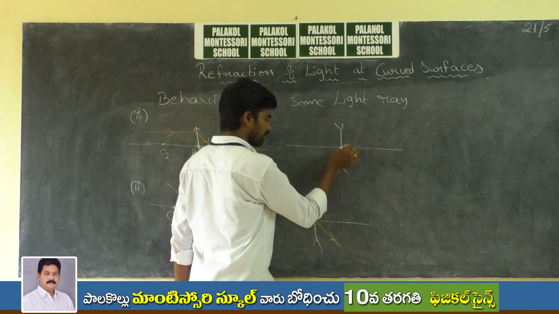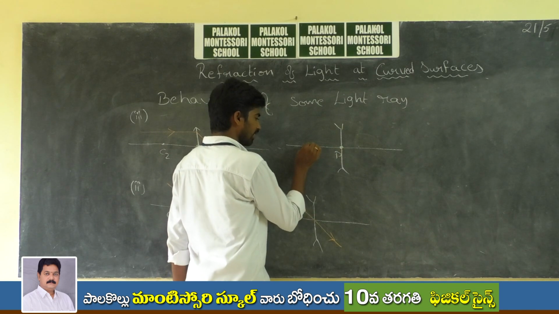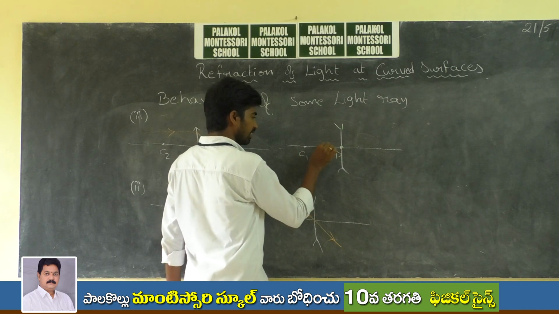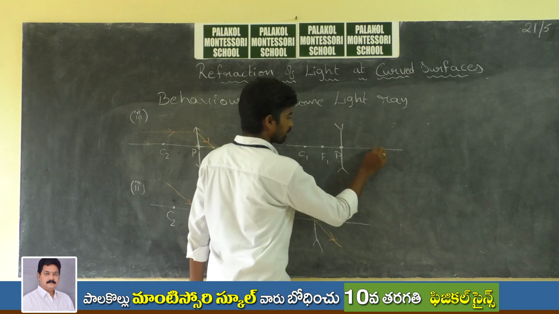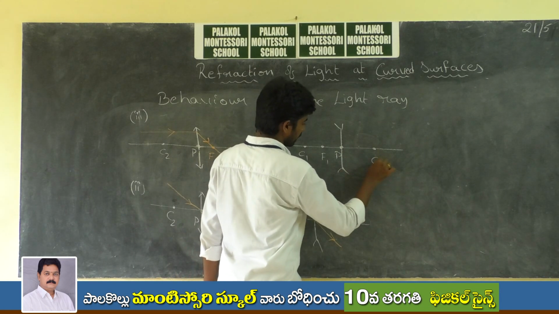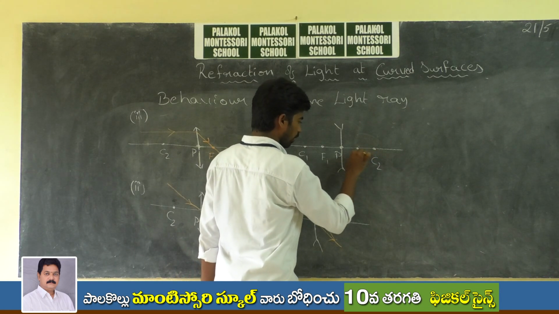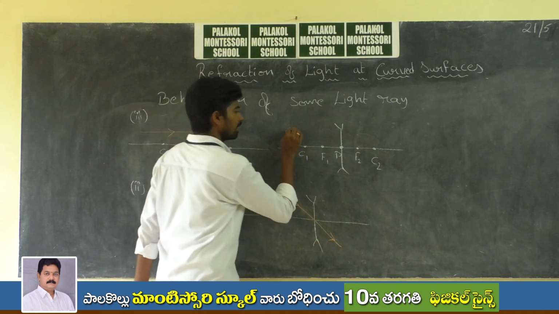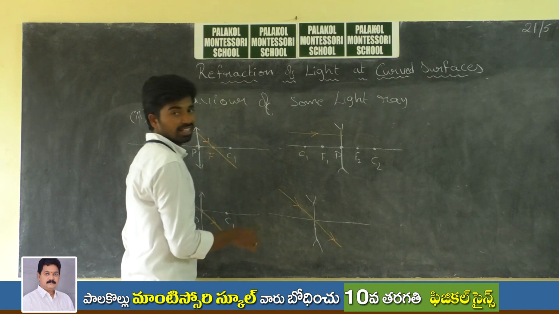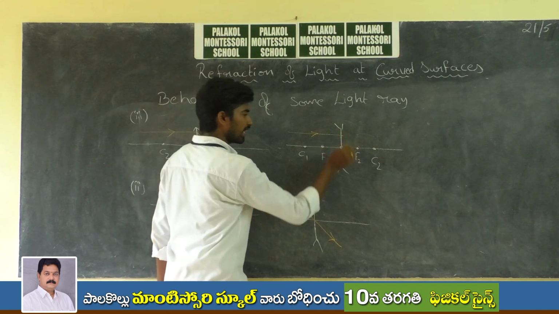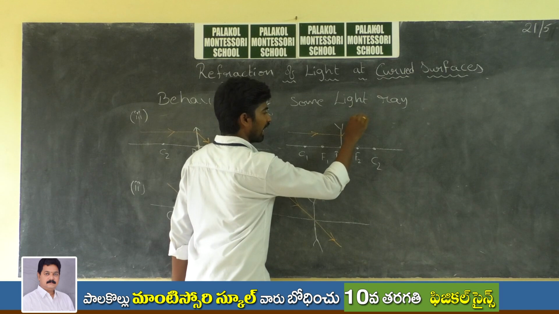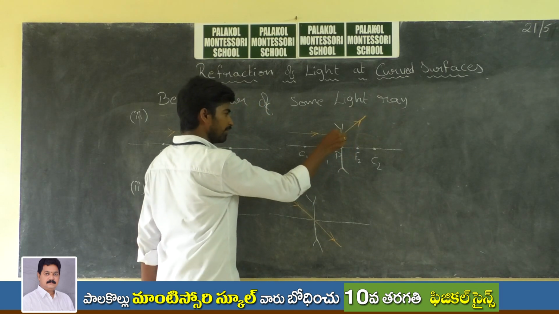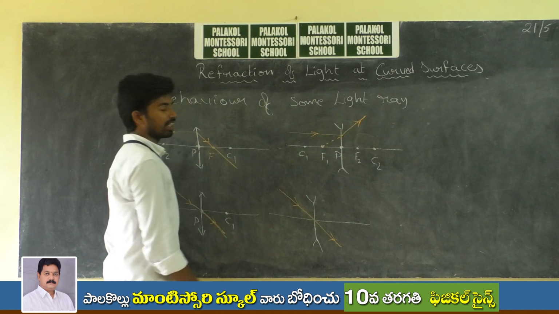This is the midpoint of the lens, called the pole, and this is the center of curvature C1, and this is the focus point F1. On the other side of the lens is C2, and the focus point F2. If the light ray is parallel to the principal axis, this light ray will move away from the principal axis and appears to be coming from the focus point F1.